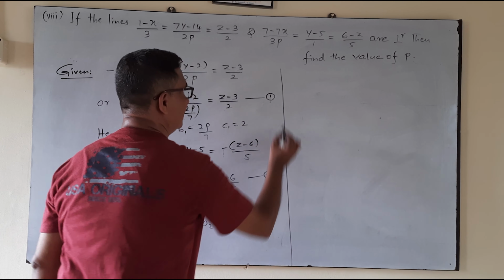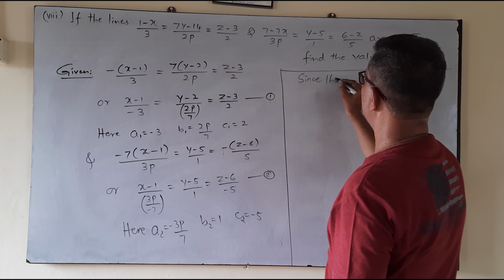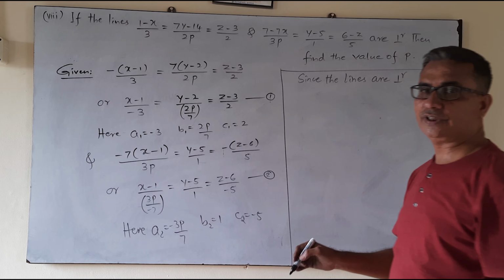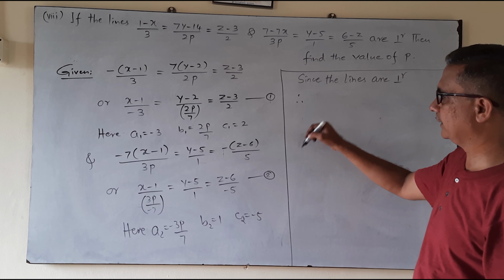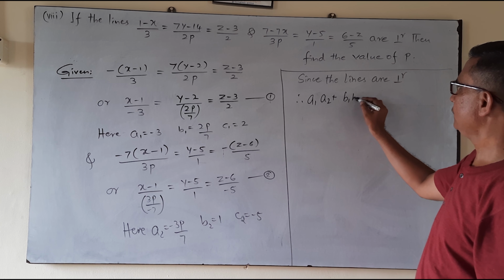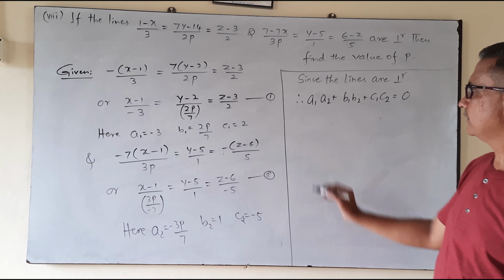Okay, now since these two lines are perpendicular, you know the condition: if the lines are perpendicular, a1 a2 plus b1 b2 plus c1 c2 is equal to 0.